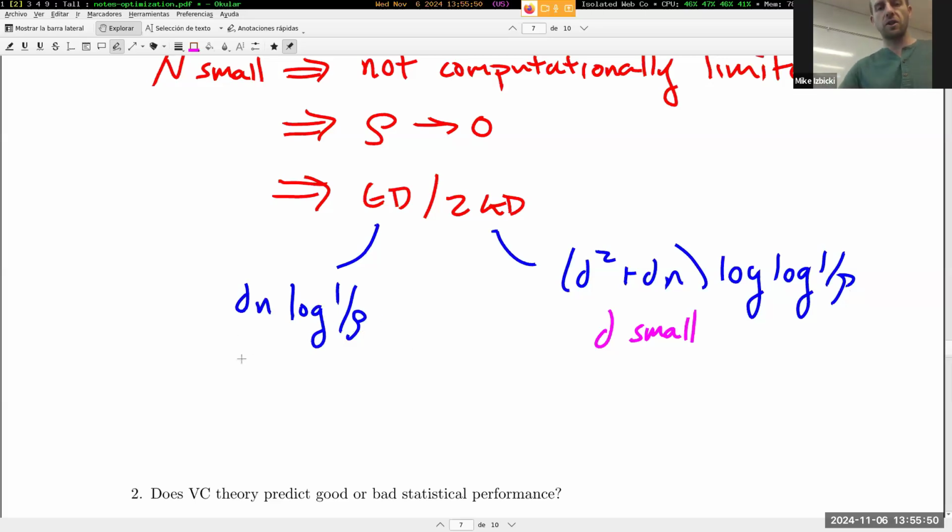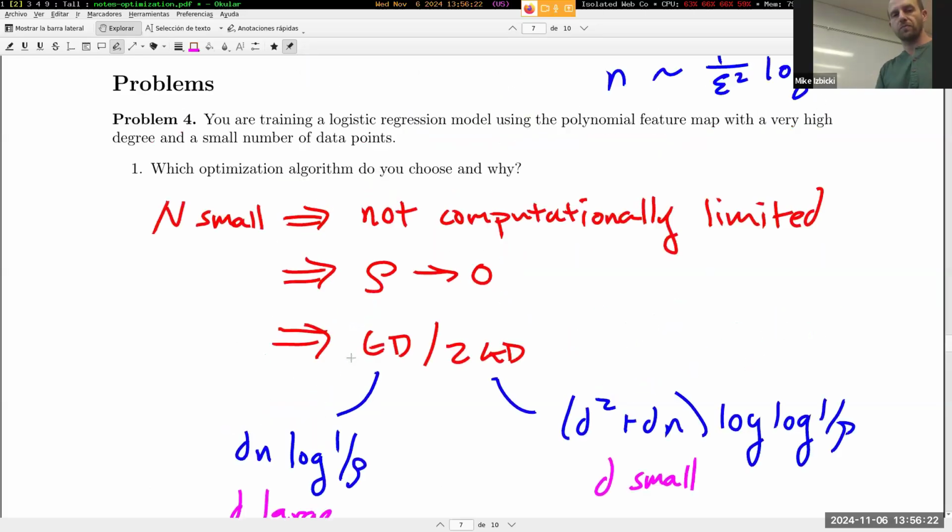But if D is large, then the D squared factor over here becomes dominating and not the right choice anymore, because the D squared will become larger faster than the log 1 over rho becomes smaller. This is again a very intuitive argument. You can't say, okay, 10 dimensions is large or 1,000 dimensions is large. There's no crisp line here.